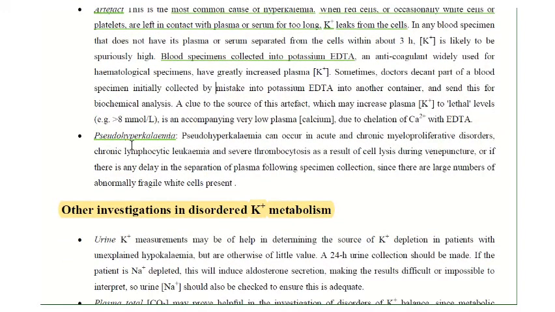أكو موضوع السيدو هايبركاليميا. هذا السيدو هايبركاليميا can occur in acute and chronic myeloproliferative disorders, chronic lymphocytic leukemia, and severe thrombocytosis.